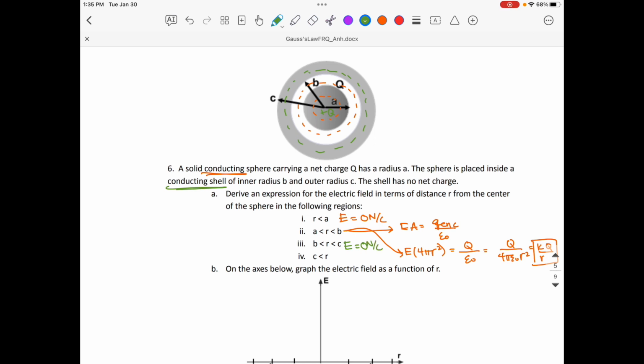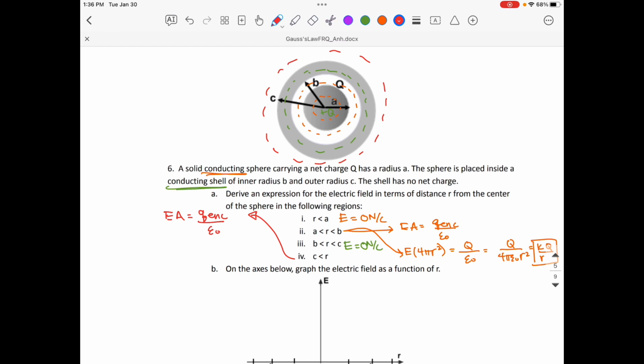Okay, so for part 4, we've got the last one where we've got a radius greater than the system of charged objects, and we're using the same kind of principle we've been using here, is that the EA is equal to enclosed charge, and they actually tell us that the shell is a neutral charge.